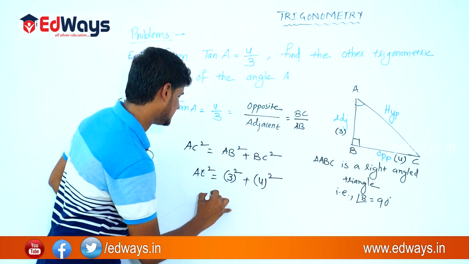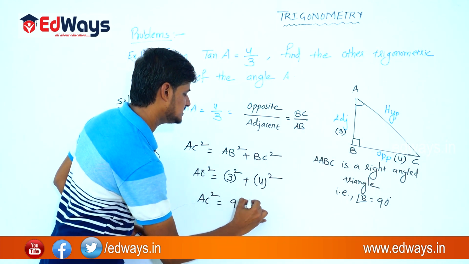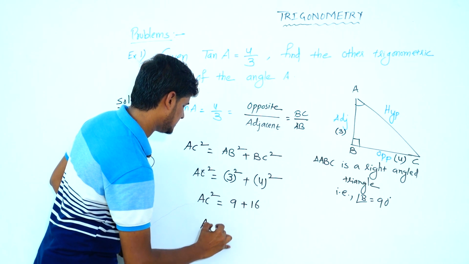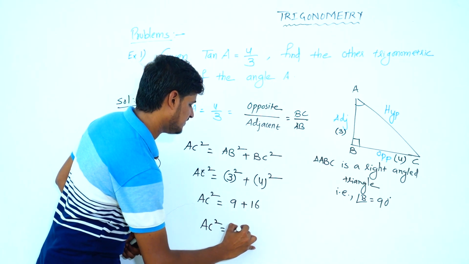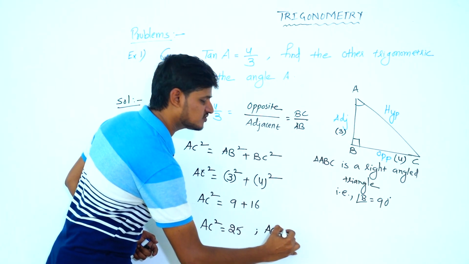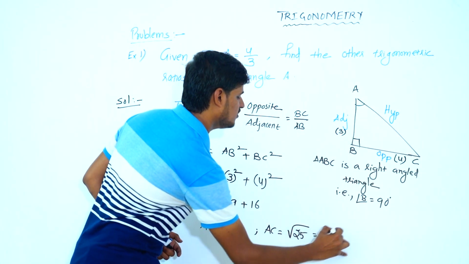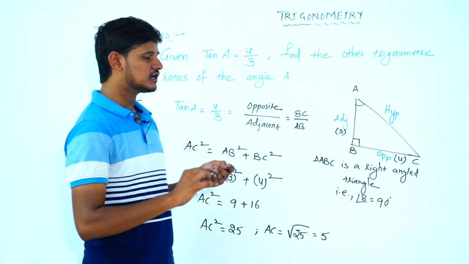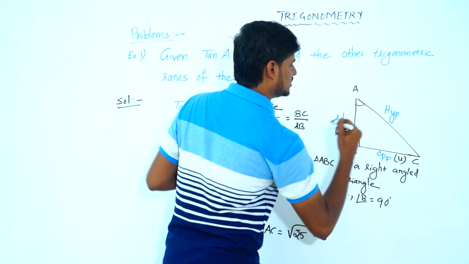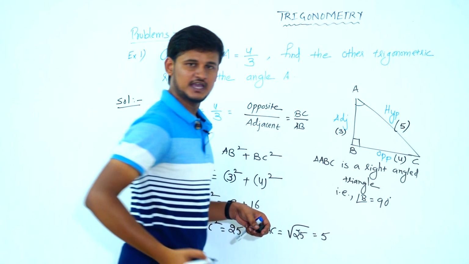So AC square is equal to 9 plus 16. AC square is equal to 25. So from here AC is equal to root 25, that is equal to 5. So that means now I got the value of the hypotenuse. That value is 5.